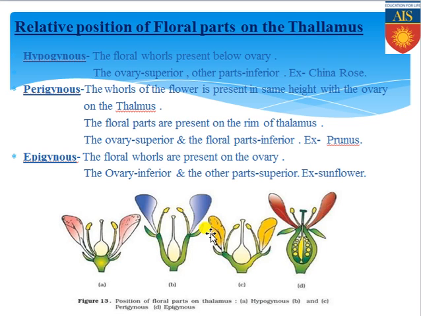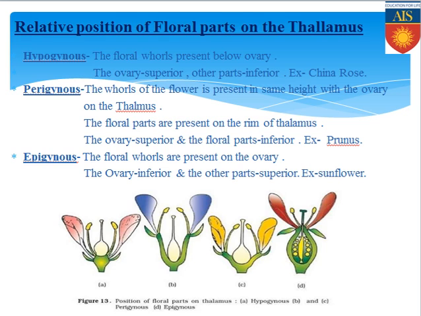But these two types of arrangements are considered perigynous arrangements. But if you see this one, you can understand that the other floral parts, that is calyx, corolla and androecium, are coming from the upper portion of the ovary, and the ovary is inferior. So these are the three types of flowers based on the relative position of the floral whorls, and accordingly we have made the epigynous, perigynous and hypogynous flower categories.